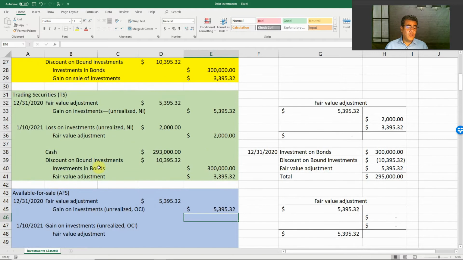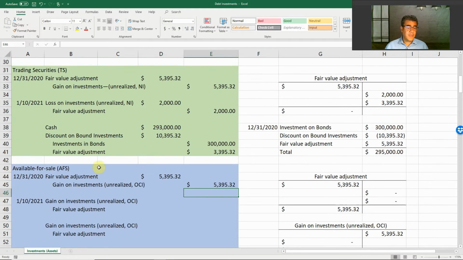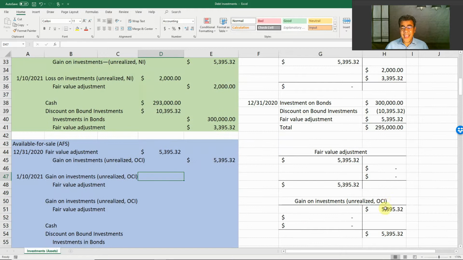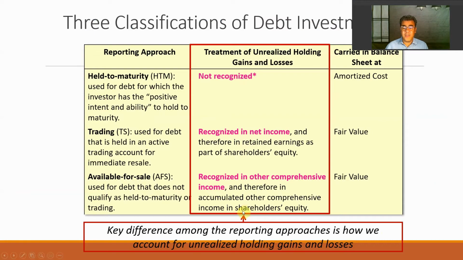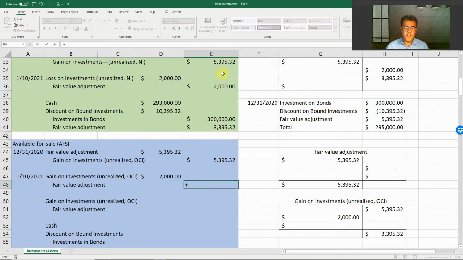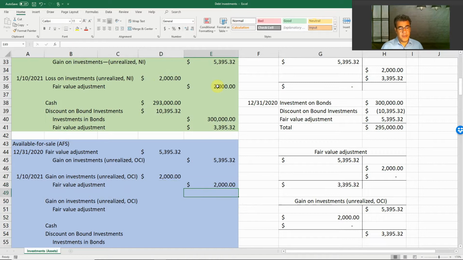Now, on January, instead of a loss here, we debit our gain. Why? Because this gain here is other comprehensive income, and other comprehensive income is in shareholders' equity. So shareholders' equity, we are able to debit it. So let's debit it, the $2,000 here.